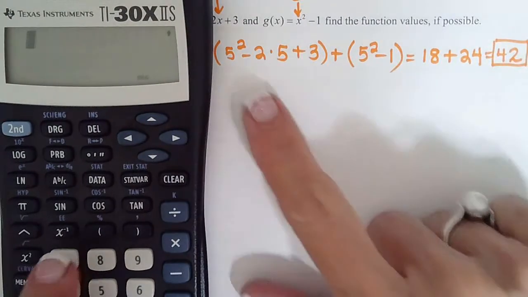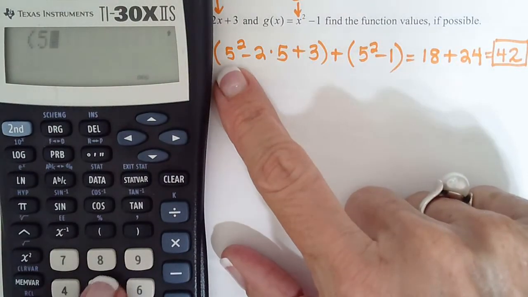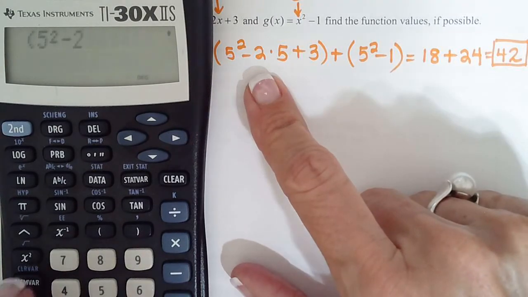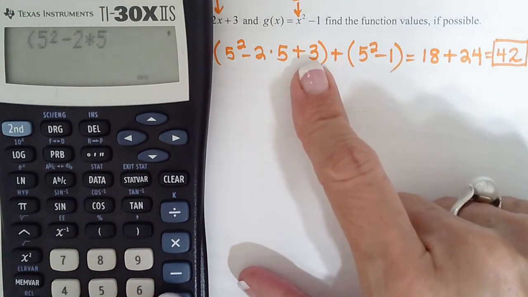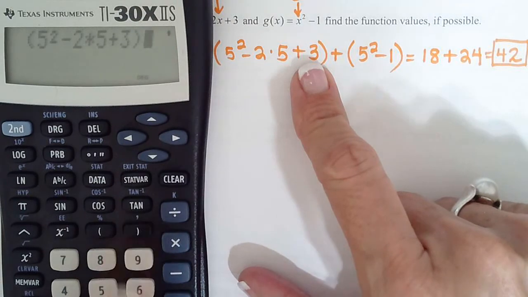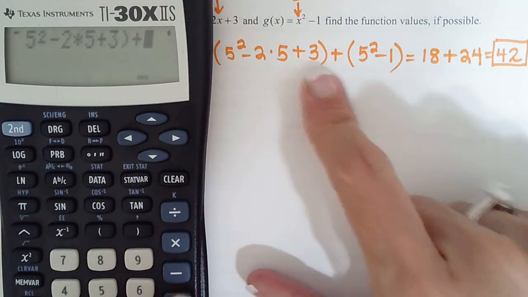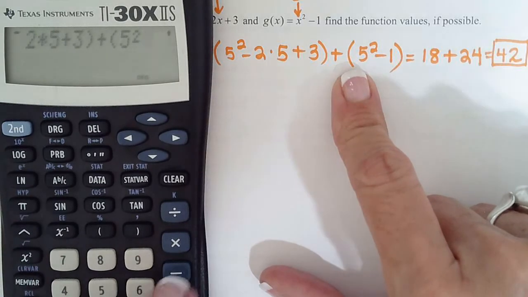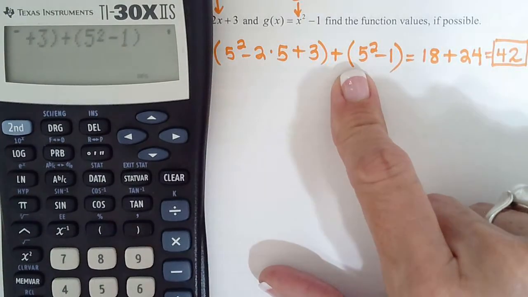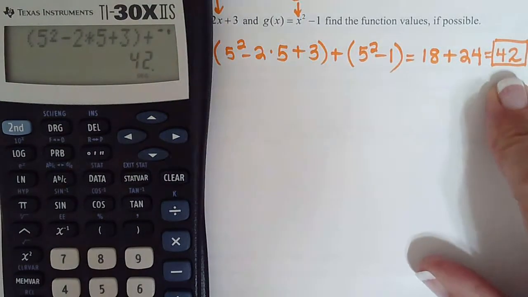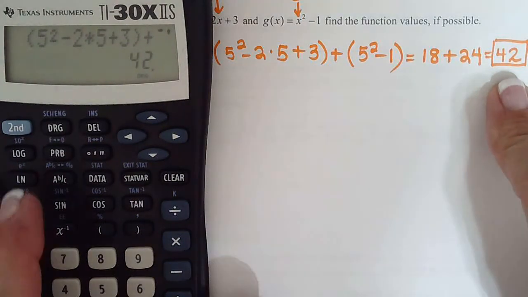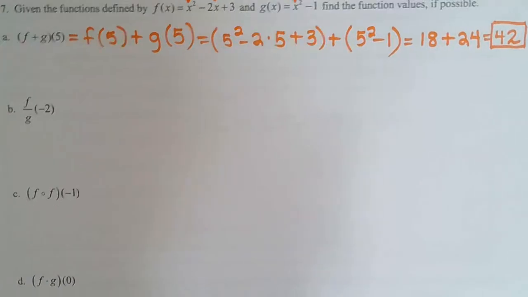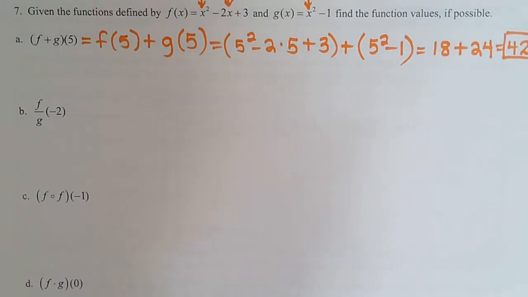So we take the parentheses, 5 squared, 2 times 5 plus 3, close the parentheses, plus, open the parentheses, 5 squared minus 1, close the parentheses, boom, yes. Okay, one easy one down. Let's go to the next easy one.